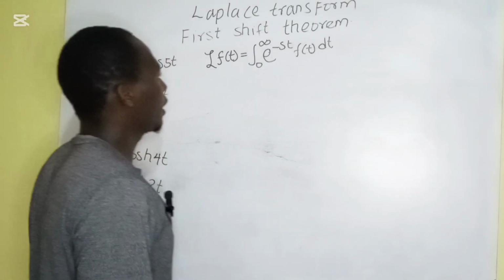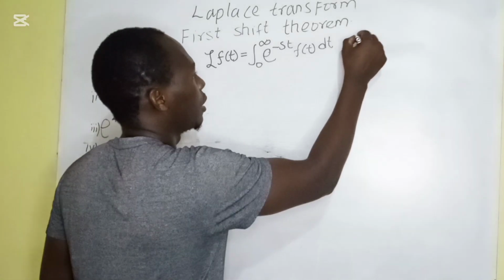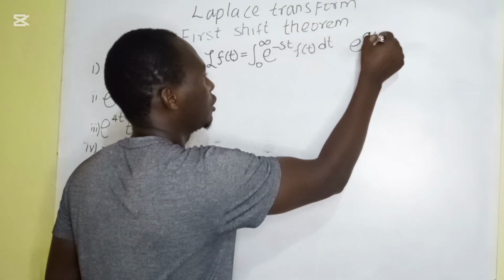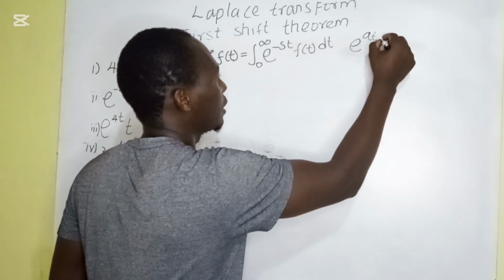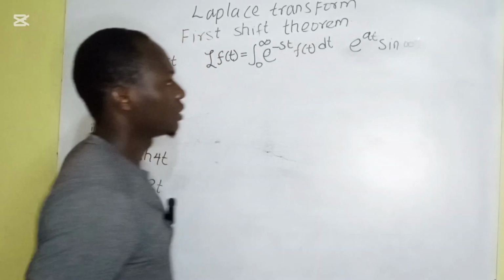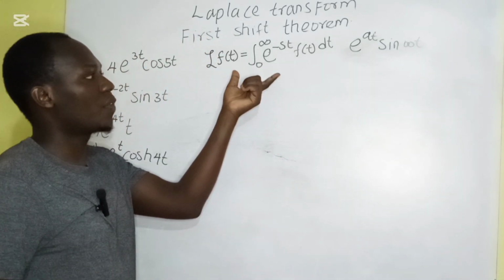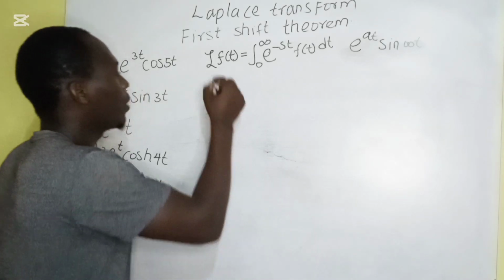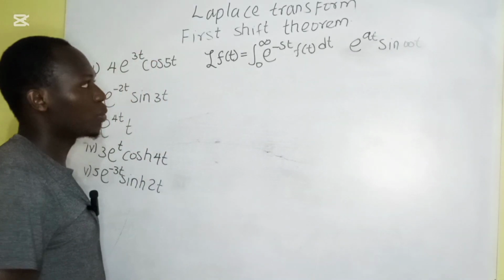For example, you can be told to find the Laplace transform of exponential at sine of our angle. We understand that when we are using the first principle method, we are going to replace our function f of t with whatever we are having there.